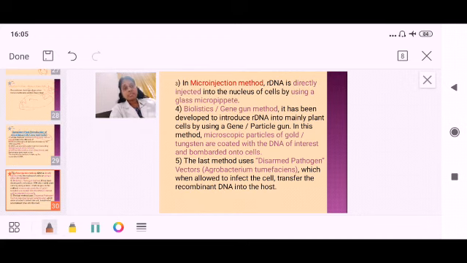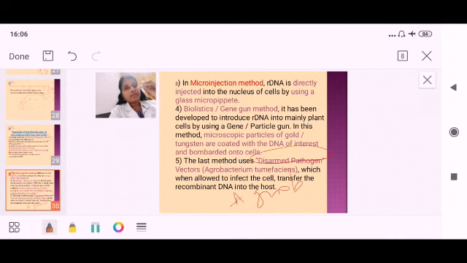This we have already discussed: disarmed pathogens. So Agrobacterium tumefaciens we have discussed, isn't it? Here, when you are saying the vector, the rDNA is present in the bacterium Agrobacterium tumefaciens, and this Agrobacterium tumefaciens is acting like a vector because it is containing the rDNA. Now this rDNA from the Agrobacterium tumefaciens goes and infects the dicot plants.